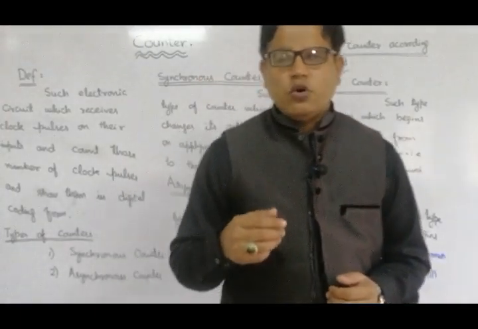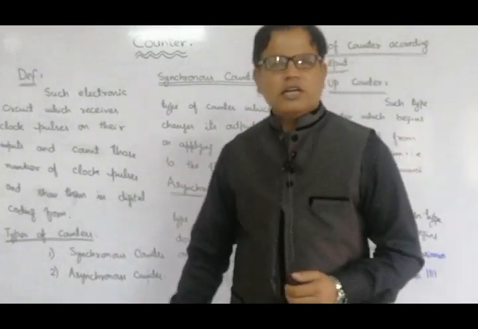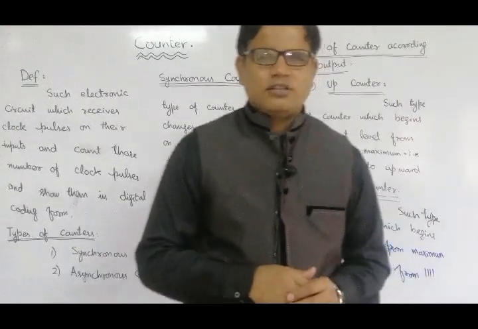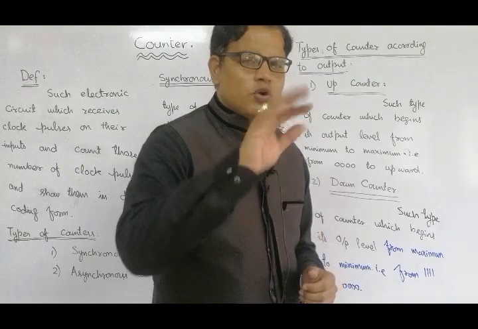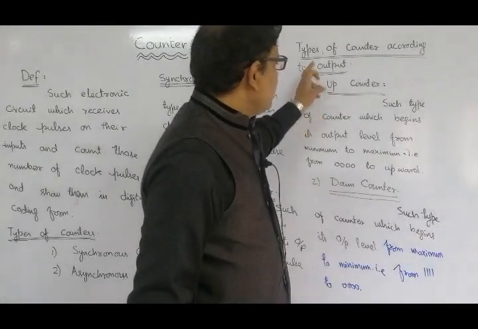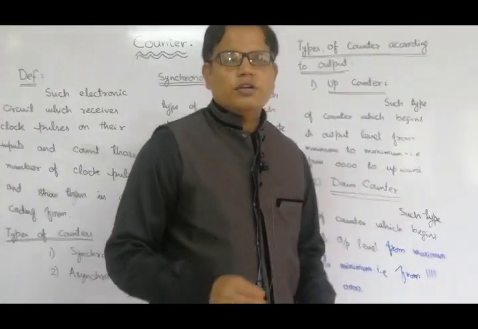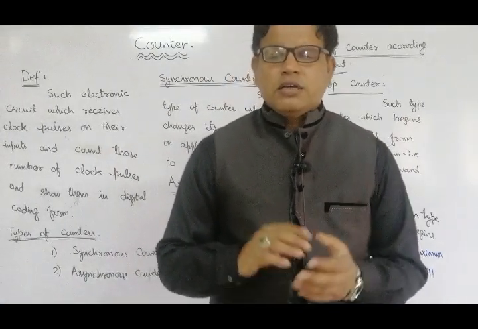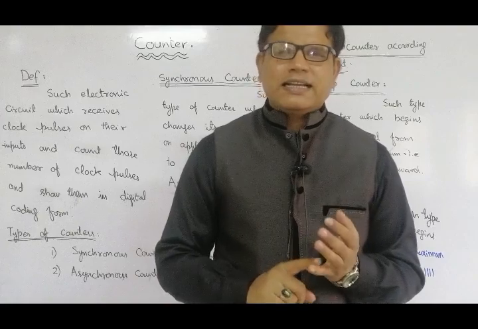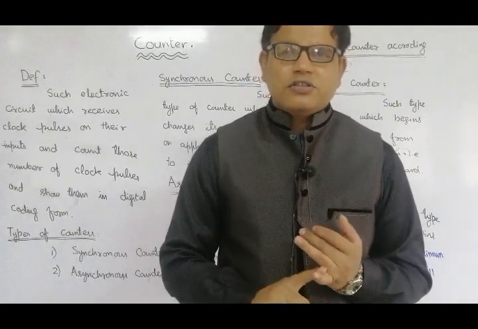Previously we discussed them on the basis of their inputs, that was synchronous and asynchronous type. Now we will discuss the counters on the basis of their output. There are two types according to the output: one is the up counter and the second type is the down counter.